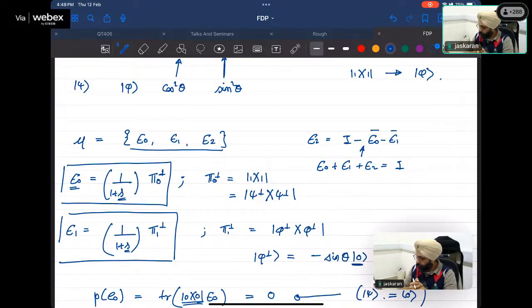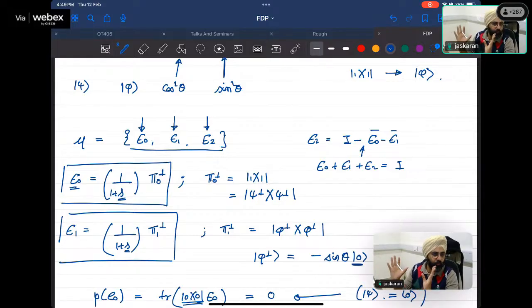The idea here is we want to have a measurement outcome E0, which will tell us whether the state is phi or not. We want to have the outcome E1, which should tell us whether the state was psi or not. And then we have a junk outcome, which we actually did not need, but because of the completeness relation, we got this outcome.